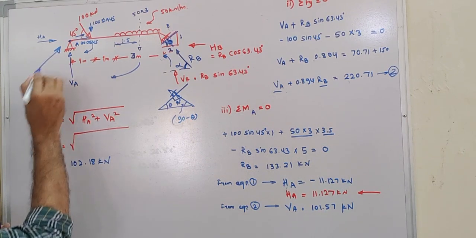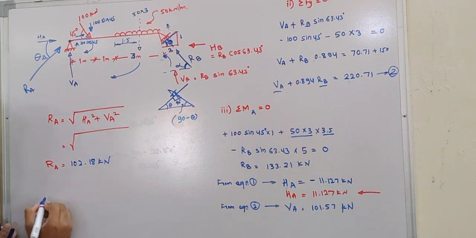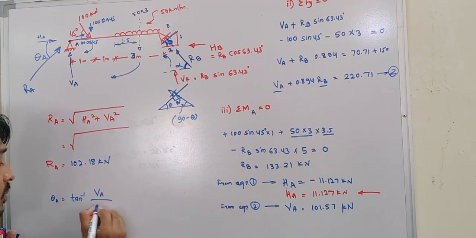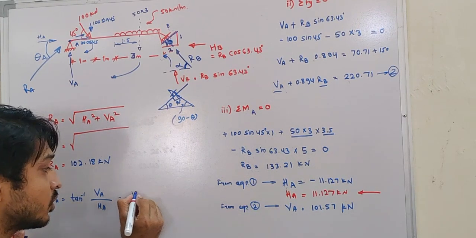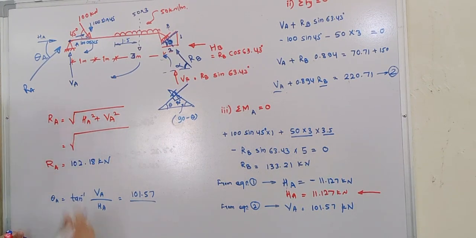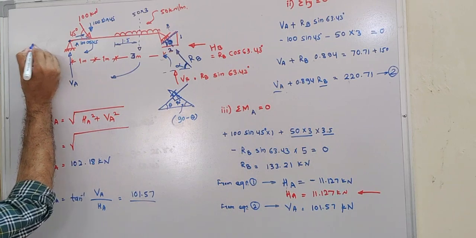This is the reaction at A, and this angle we need to find out, that is theta A. Theta A is equal to tan inverse of vertical reaction at A divided by horizontal reaction at A. So substituting, 101.57 divided by, actually here this will not come like this, because the final horizontal is like this.